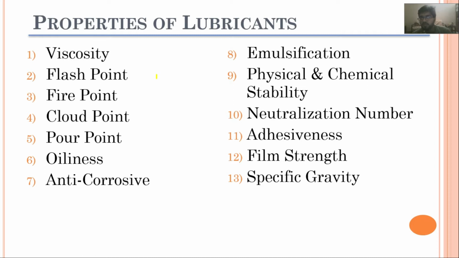The first one is the viscosity, the second one is flash point, then we have fire point, cloud point, pour point, oiliness, anti-corrosiveness, emulsification, physical and chemical stability, then we have neutralization number, adhesiveness, film strength, and specific gravity. I will discuss all of these properties in quite some detail. In this slide I have just written down the names of these properties.